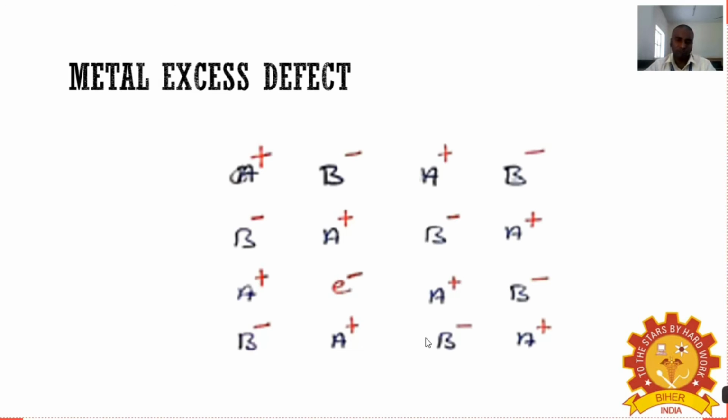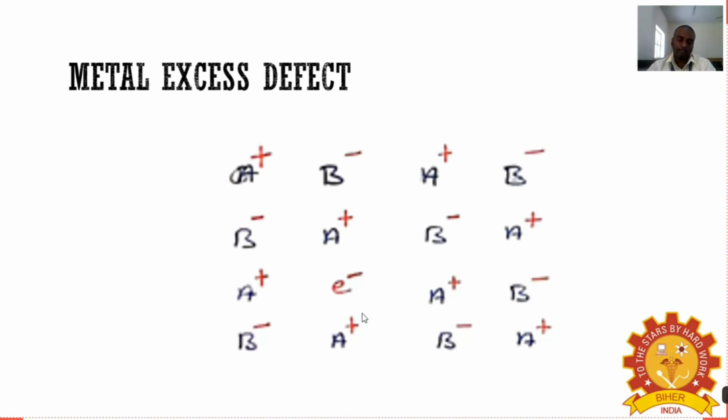Overall charge is neutralized by this electron, but when we count the ions, A plus is in excess of B. So this type of excess is called metal excess defect. A defect arises due to absence of one B minus.